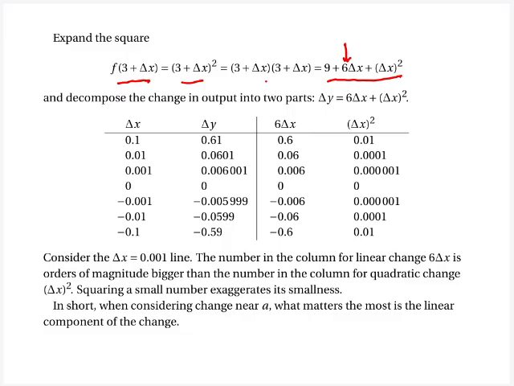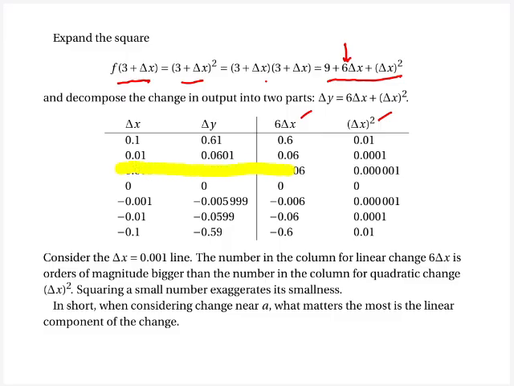So again, I organized the table a little bit differently just to try to present the information that I have. You see here where it says 9 plus 6 delta x plus delta x squared. So I wrote the 6 delta x and the delta x squared, and I'm trying to focus on those numbers. It's a big table, and there's a whole lot of numbers, but I want to focus on this line right here, the 0.001 line.